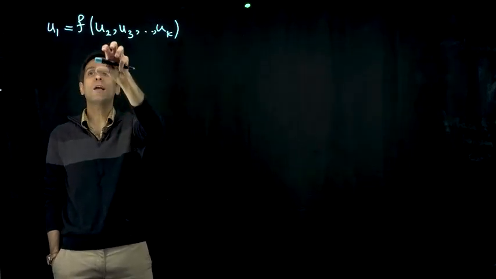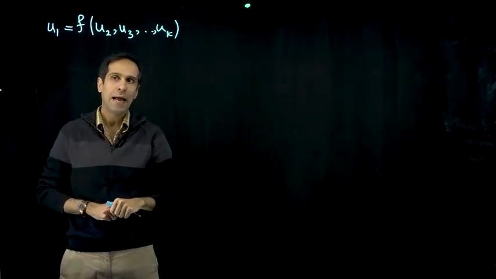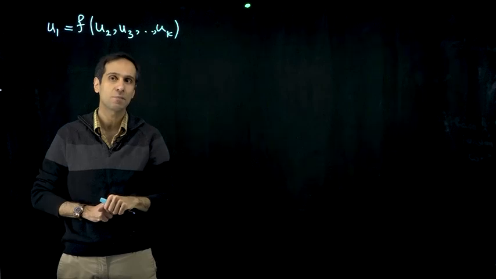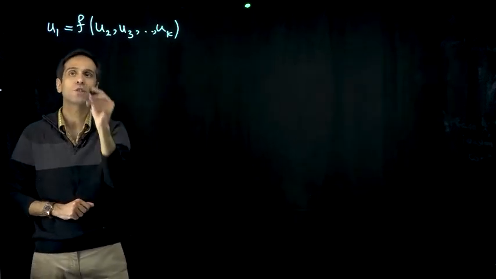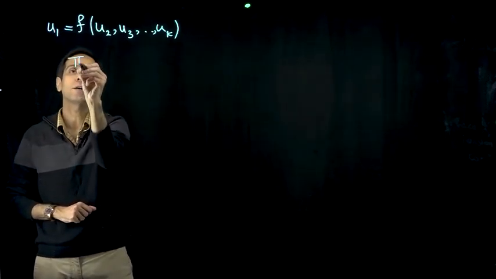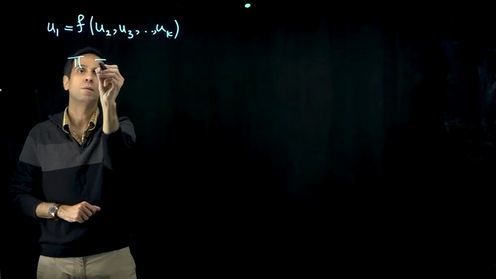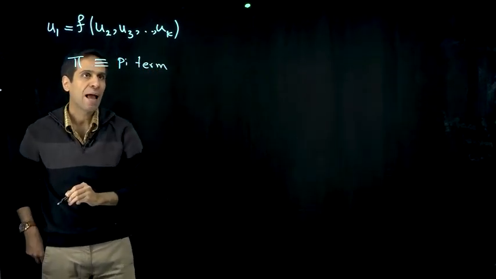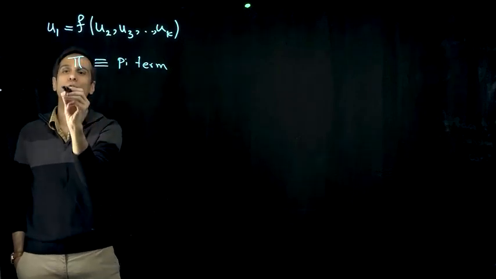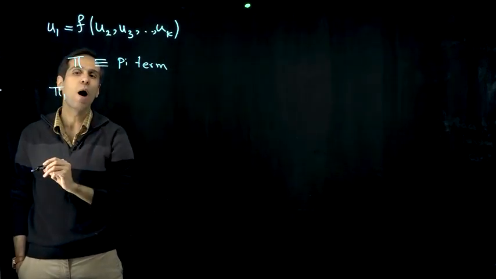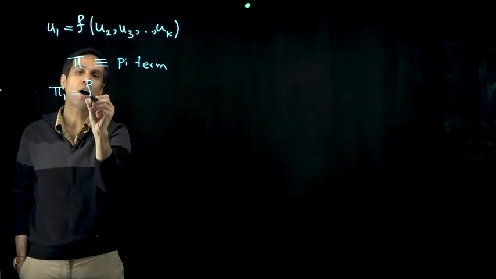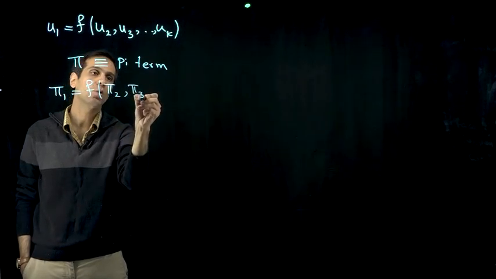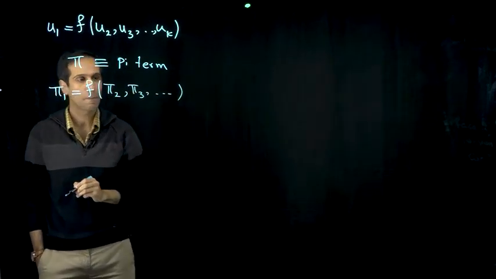So if I combine them together and create dimensionless parameters, each parameter is called one pi term. And then I can write it this way. For example, pi 1 is a function of other pi terms, pi 2, pi 3, up to the end.